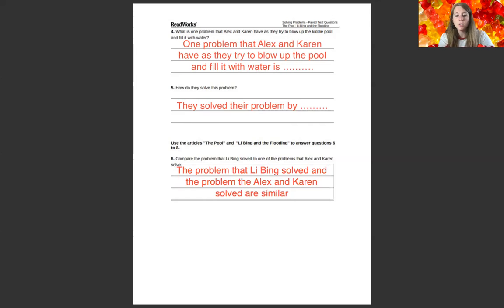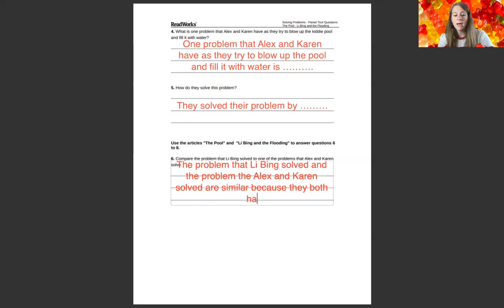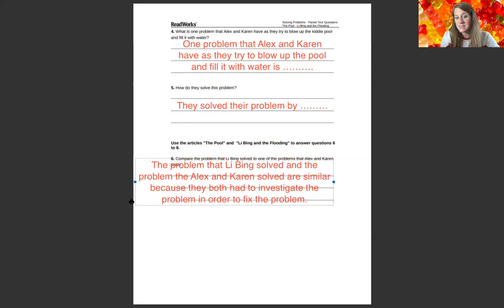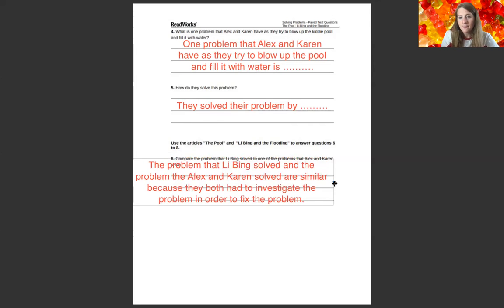Are similar because they both had to investigate the problem in order to fix the problem. Okay? So that kind of answers it in an easy to understand way.